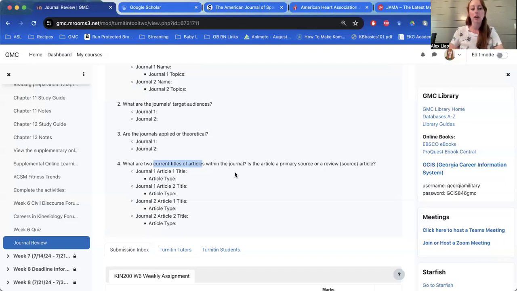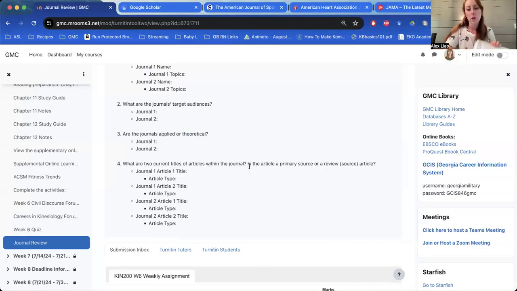So when you are looking at what articles are being publicized in the journals, you're looking for the title. So write the title right there. So for example, this is a good one. This one would be at the very top. Every move counts to improve bone health at clinical sites in young pediatric cancer survivors, the iBone Fit project. So that would be the title. It's a long one, but that's the title of the article.